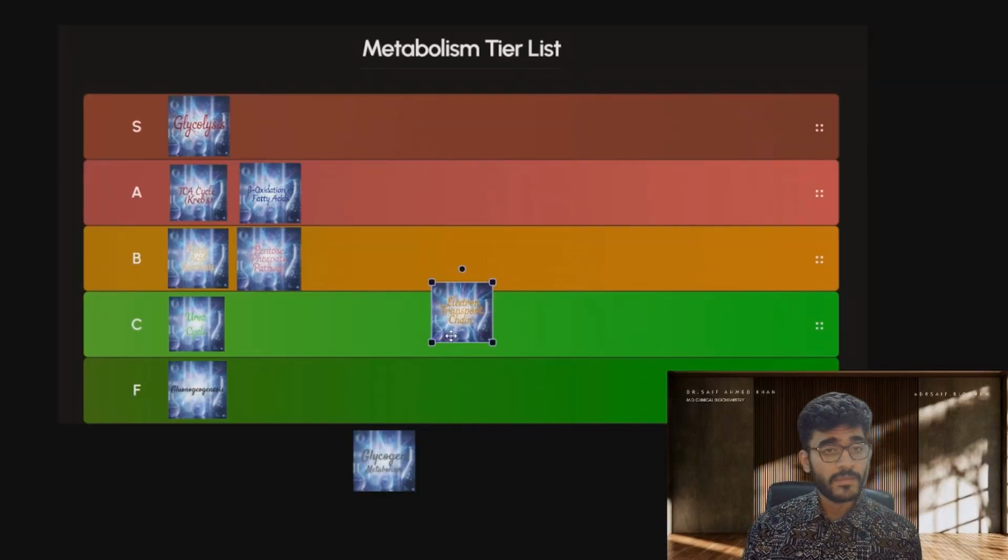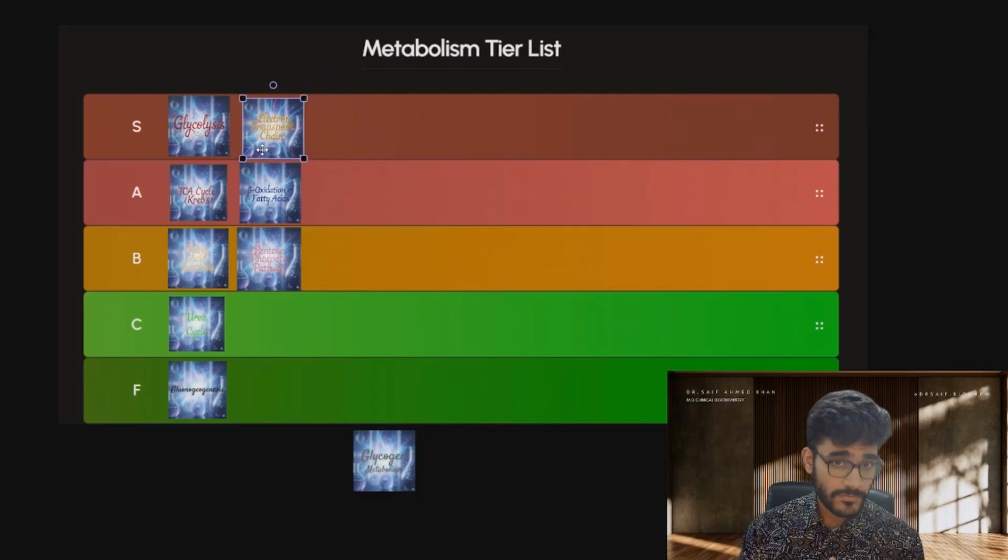If you remember, cyanide poisoning can block the complex 4 or inhibit it. And this can lead to death. So electron transport chain is literally supporting survival. And even slight disturbances can be fatal because of its energy production capabilities and because of its survival value. I think it is right beside glycolysis in the S tier.